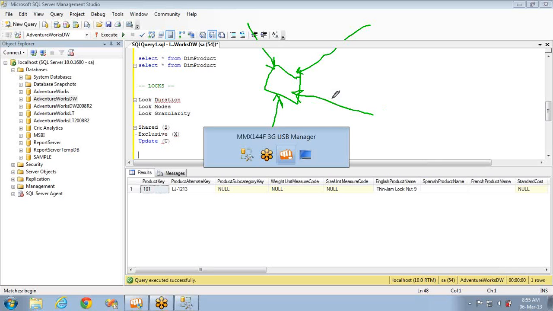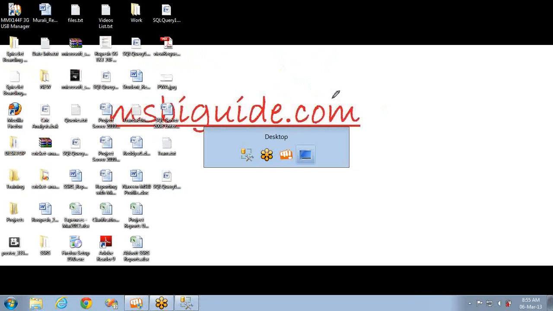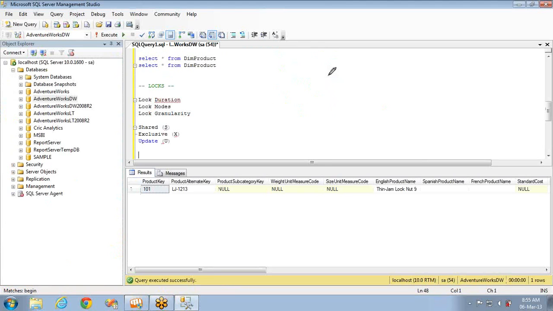Next one, let me take this picture out. Let's say I have a data, or resource I call it, which can be the page or row. Now, if I apply an exclusive lock, then no other lock can be applied on this by any other user.